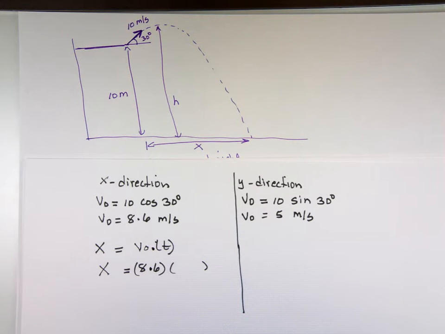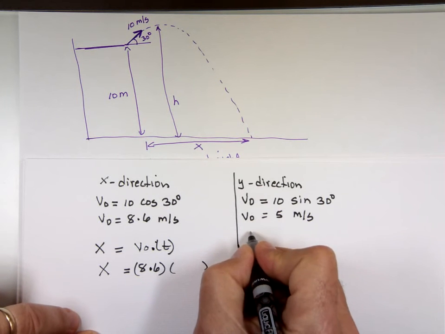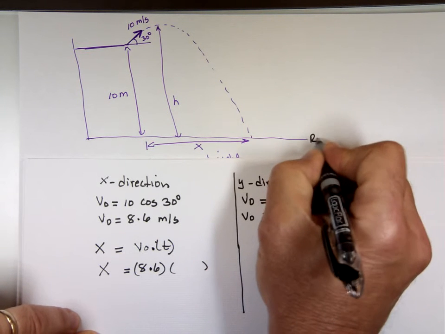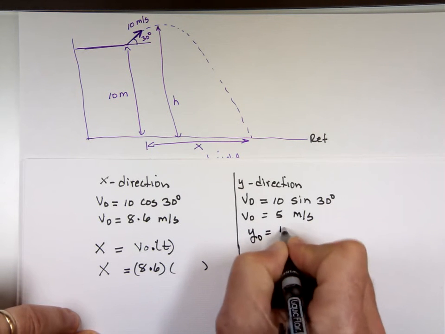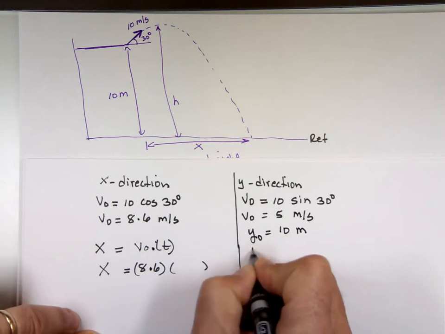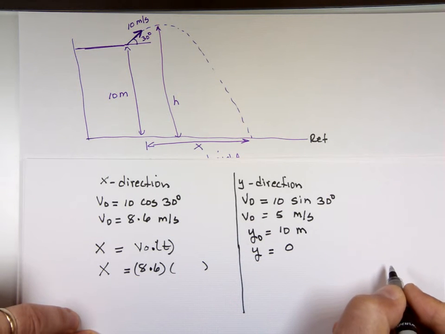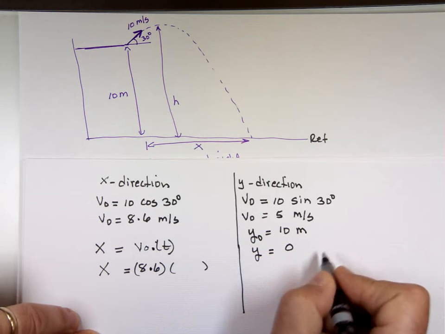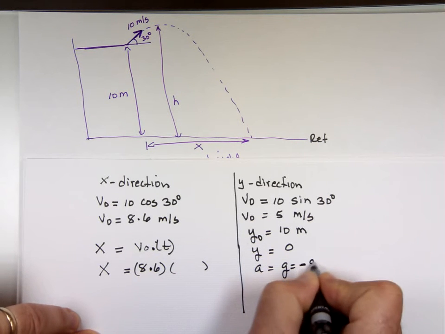In the Y direction, what do we know? If I use the water as the reference, the initial height was 10 meters. The final height is 0. The acceleration is gravity, negative 9.8. And I'm looking for the time.